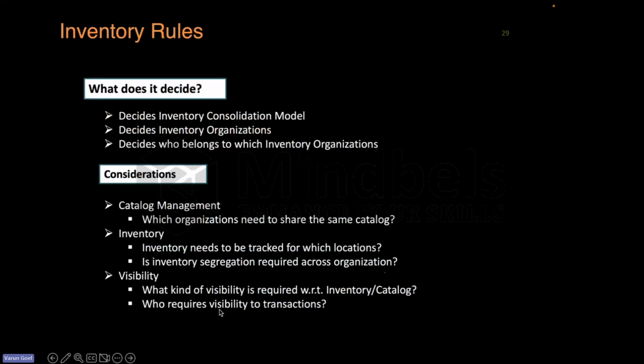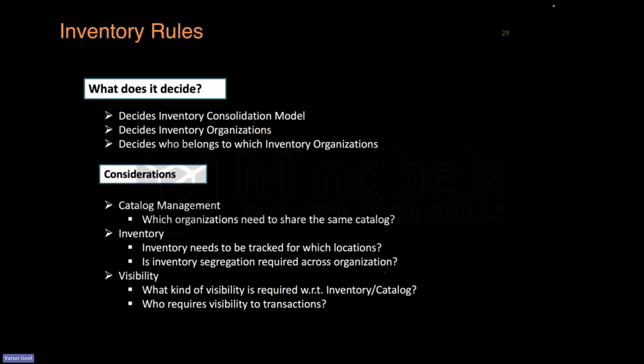Then we have visibility. What kind of visibility is required with respect to inventory catalog? Basically, how you want to make your inventory visible. Either you want to maintain inventory at a catalog level, or one level below. Maybe your catalog is a generic catalog, or you cannot maintain inventory at the same catalog level, because under your catalog you have all the items.